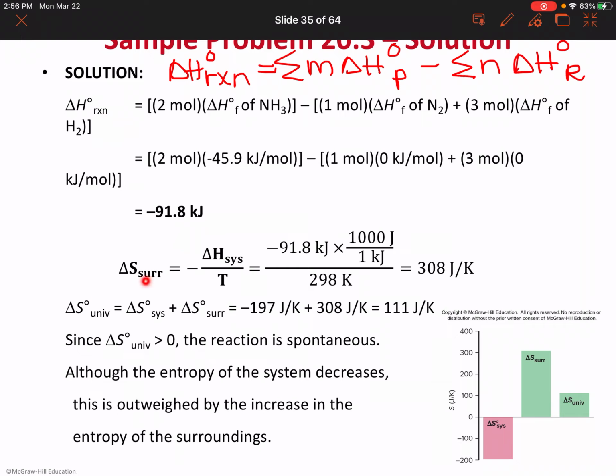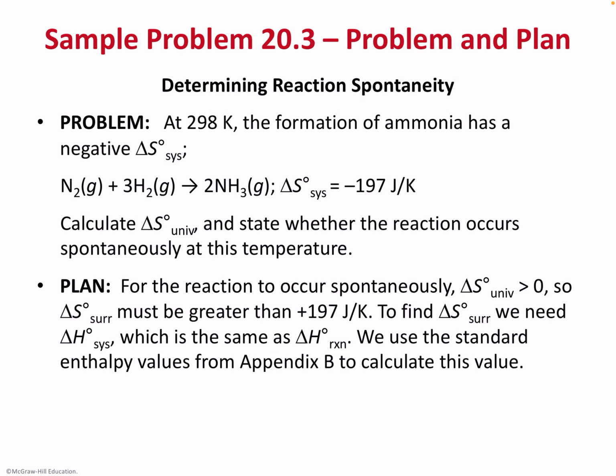And then we use this equation, delta S surrounding equals negative delta H system over temperature. Negative 91.8 kilojoules, we are converting it to joules. 1000 joules equals 1 kilojoule, and the temperature is 298 Kelvin.